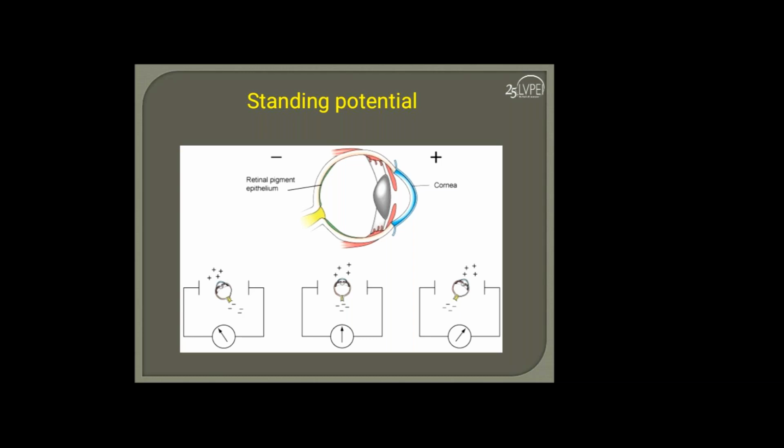So you have properly placed your electrodes, plus and minus. If your eye moves, your cornea goes towards the plus side and the retina towards minus, which gives one response. When the eye moves to the other side, the negatively charged side is more towards your cornea, which gives another standing potential.